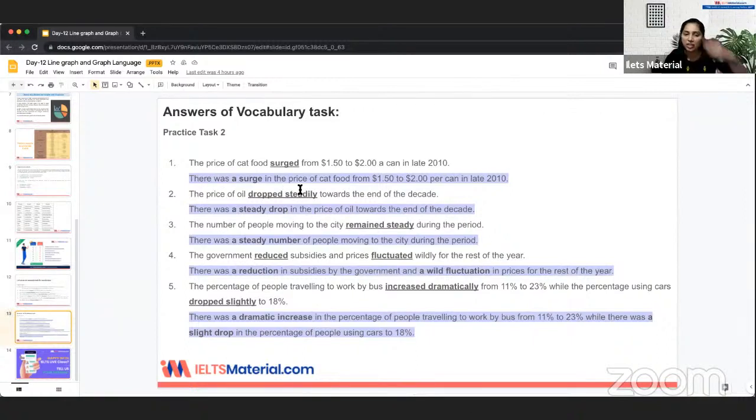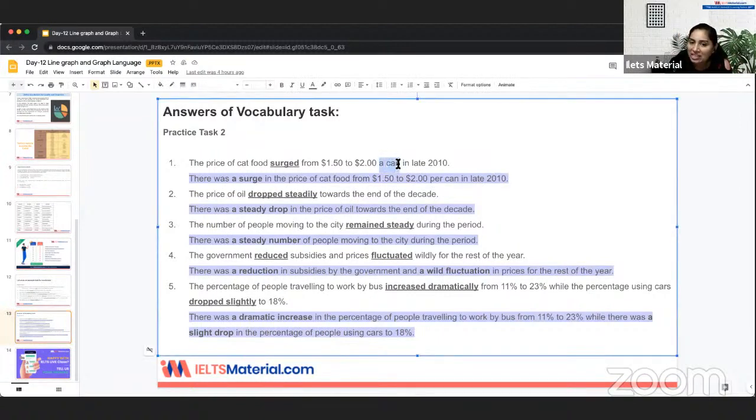There was a surge in the price of cat food from this to this per can in late 2010. A can is converted into per can, and surged is changed into a surge. This sentence is in the active voice.